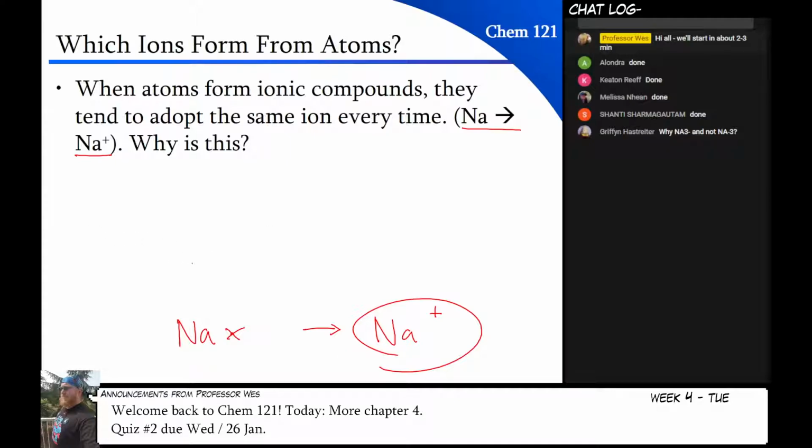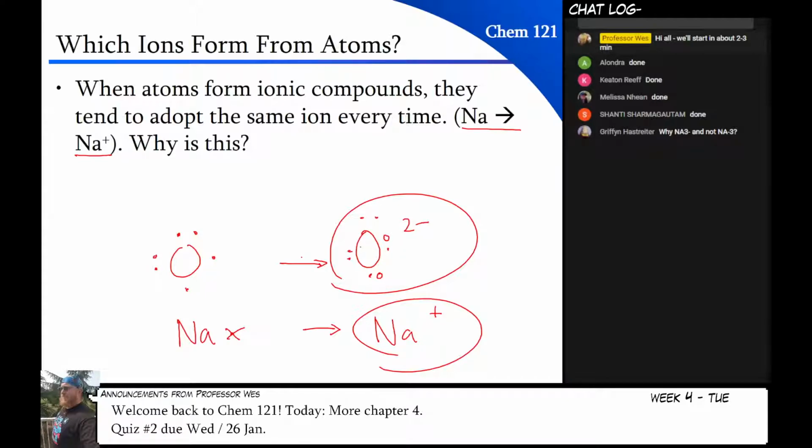Likewise, if I did, say, oxygen, oxygen has 6 valence electrons. To get an octet, let me draw it 6 back here. I would need to fill in the other 2, which would be that, and then this is the ion that forms.